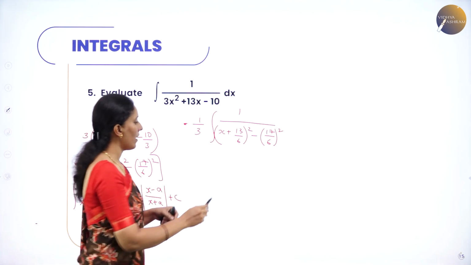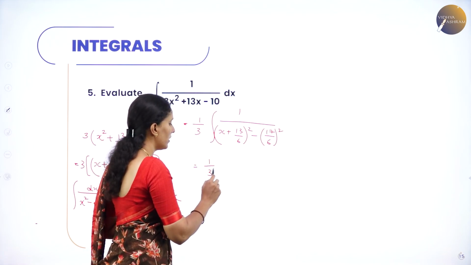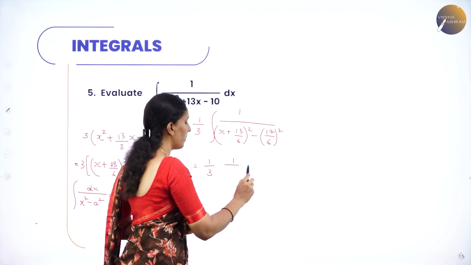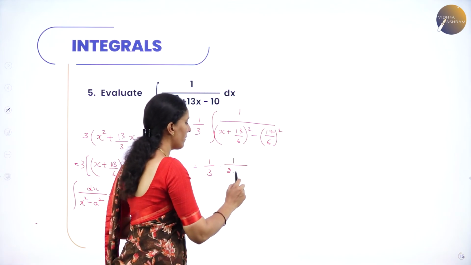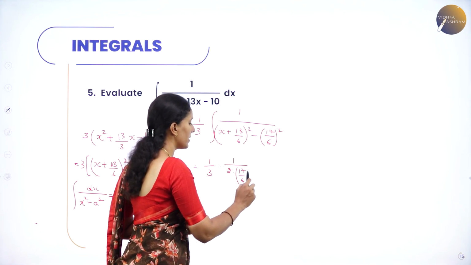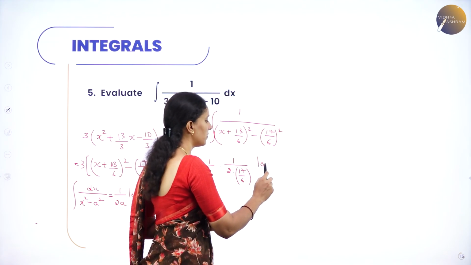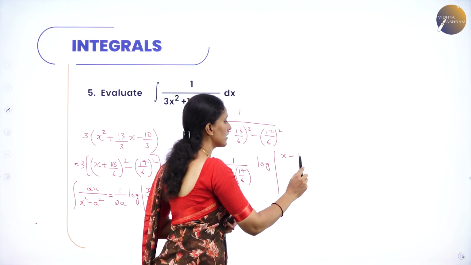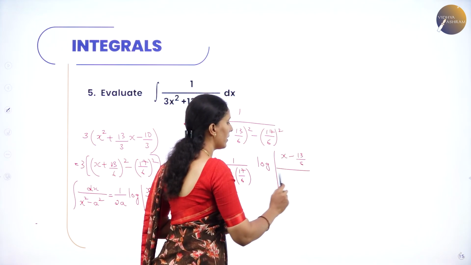So therefore we have 1 by 3 outside. The integral becomes 1 by 2, a is 17 by 6, log of modulus of (x minus a) divided by (x plus a).